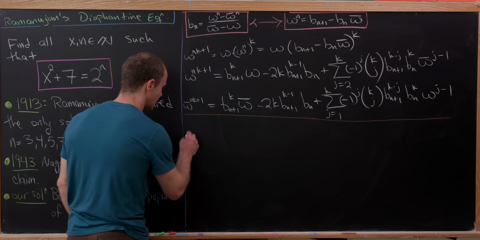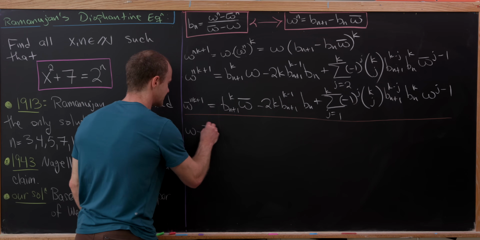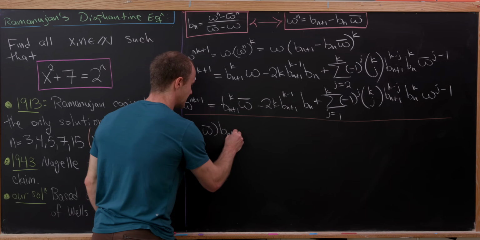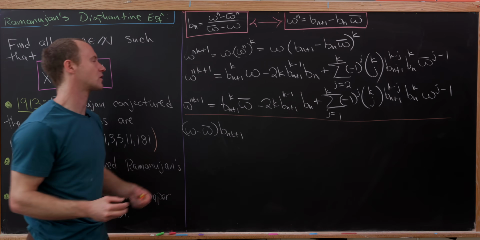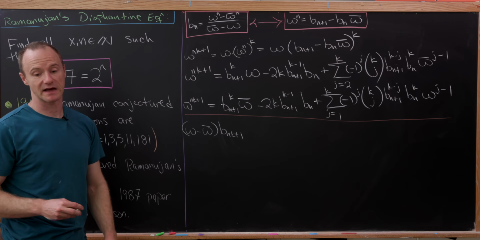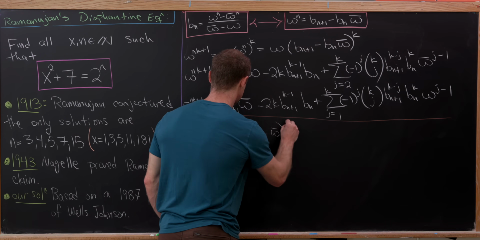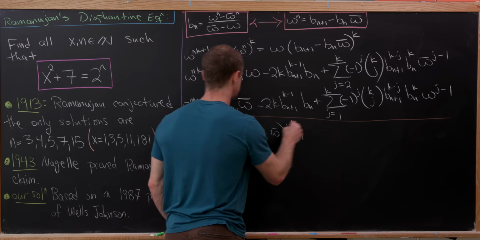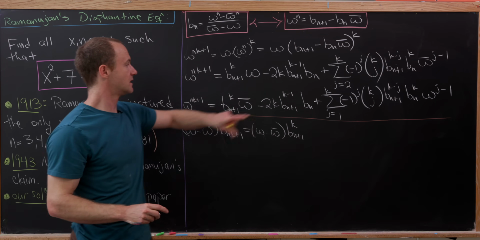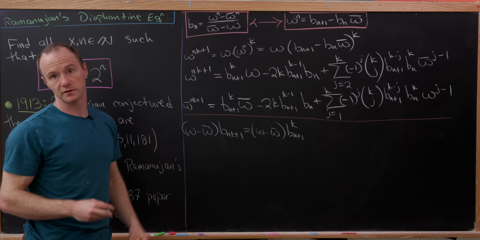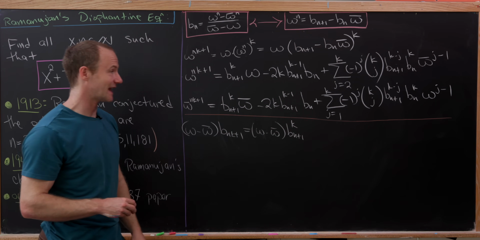So here we'll have omega minus omega bar times b sub nk plus 1, where we choose the order of subtraction to make it like that. And then here we'll have omega minus omega bar times bn plus 1 to the k from this bit. Those two bits are integral, so those are going to cancel.